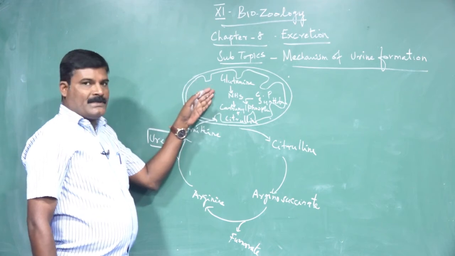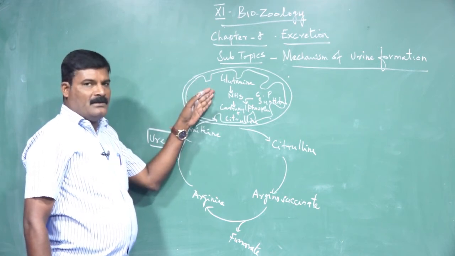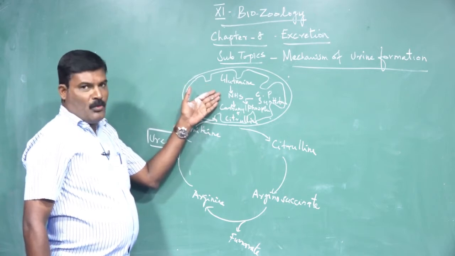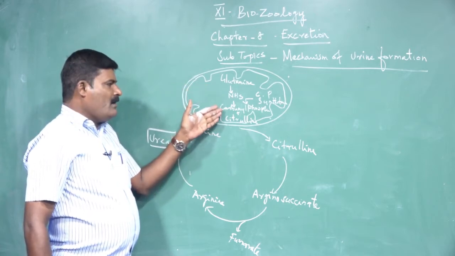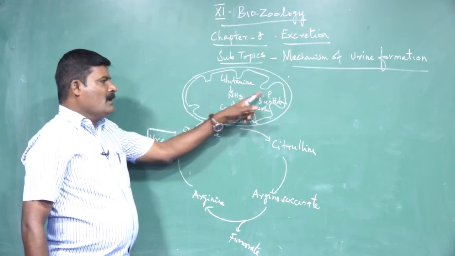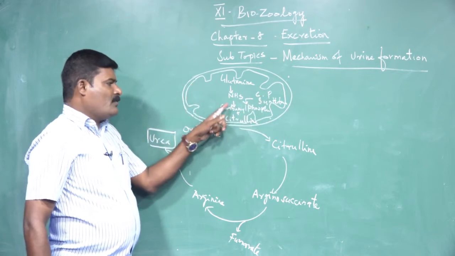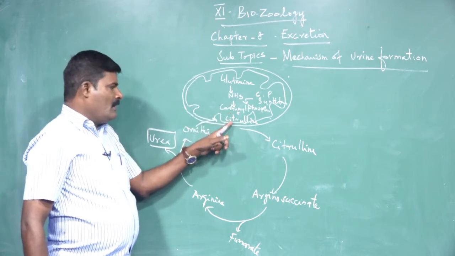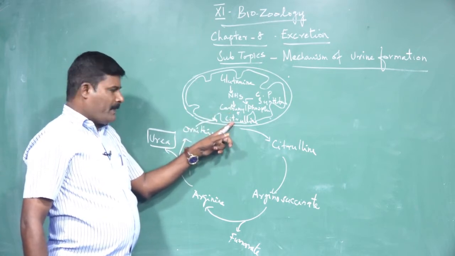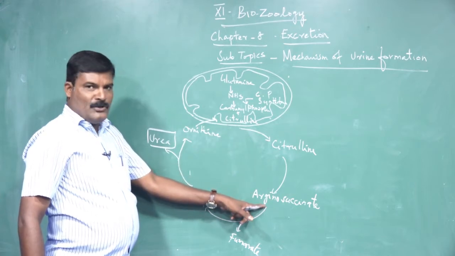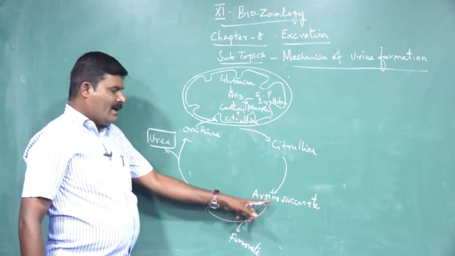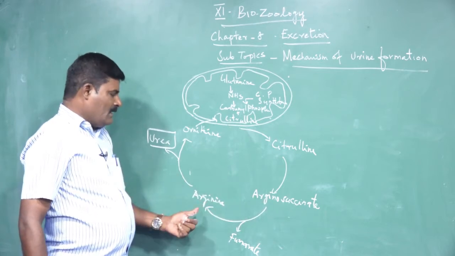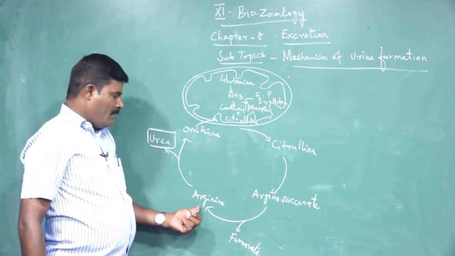In all tissues, due to the process of deamination, that is the removal of the amino group from amino acids, ammonia is formed. Ammonia, in the presence of carbamyl phosphate synthetase, forms carbamyl phosphate. Carbamyl phosphate combines with ornithine to form citrulline, then arginosuccinate, which is converted into arginine.